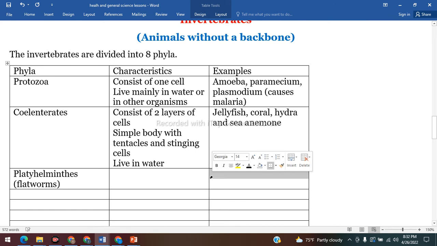Examples would be, of course, anyone give me an example of a flatworm? A type of worm, you know. The regular tapeworm and planaria.